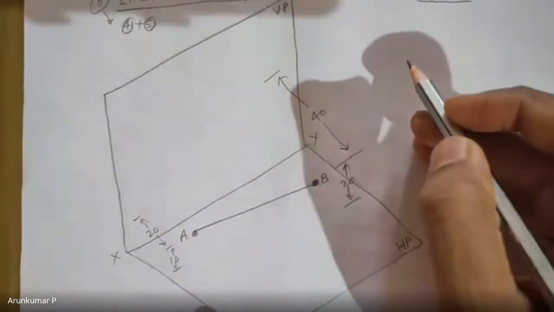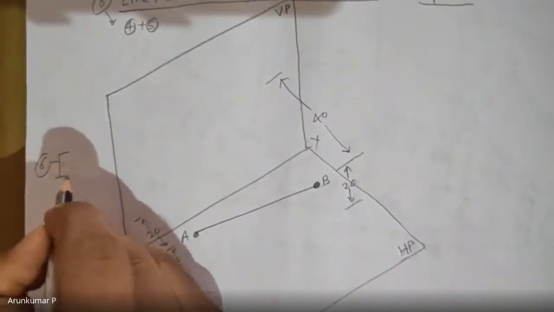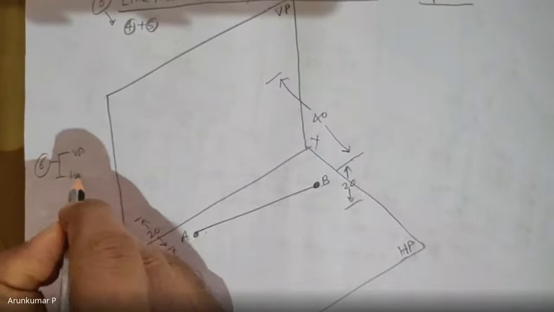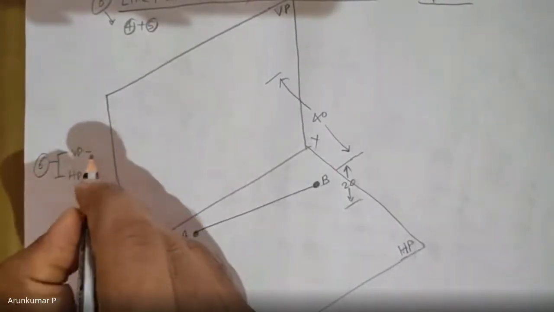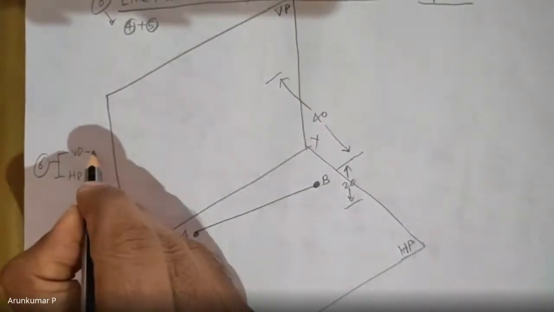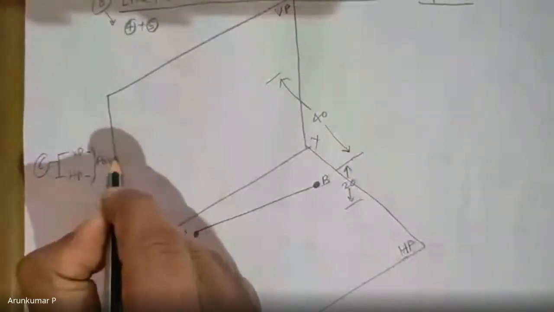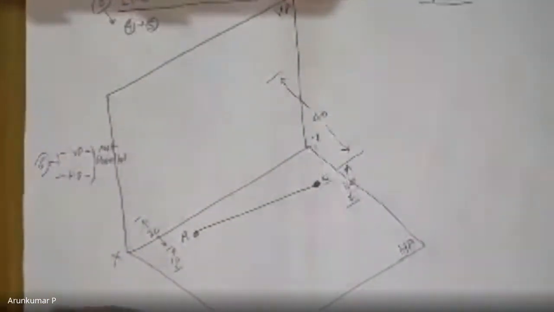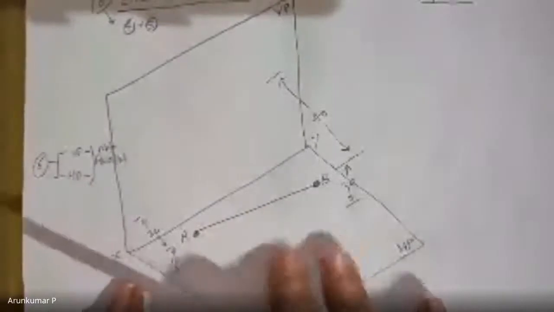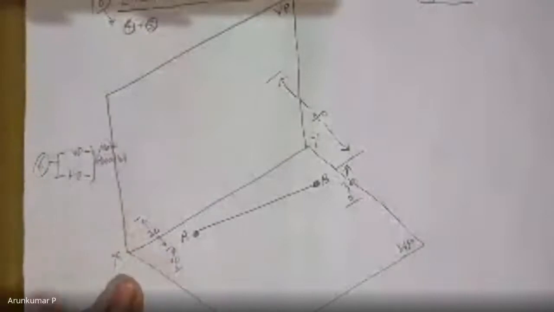So this is the first thing. Please note this line, the sixth case: it is not parallel to VP nor is it parallel to HP.